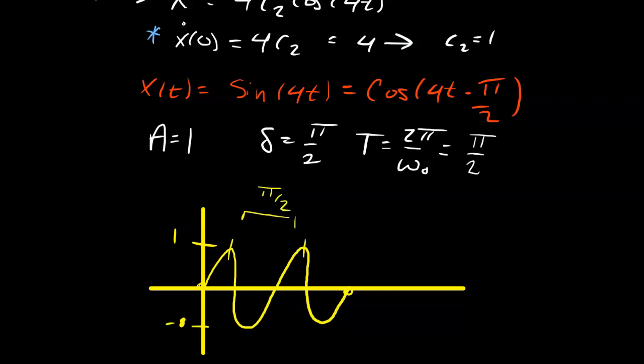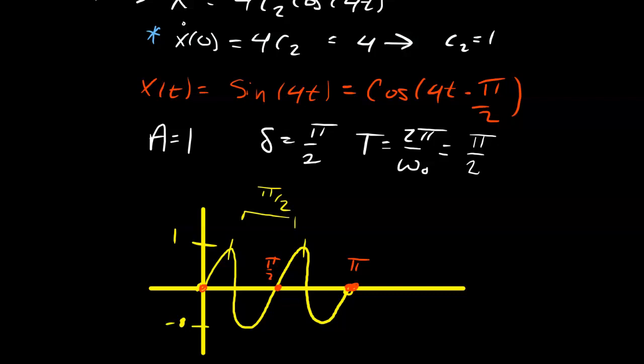So that's the idea of a period there. You can measure it also if you wanted from, say, maybe take red from here to here. Pi halves, here to here, pi halves. So there's your period.